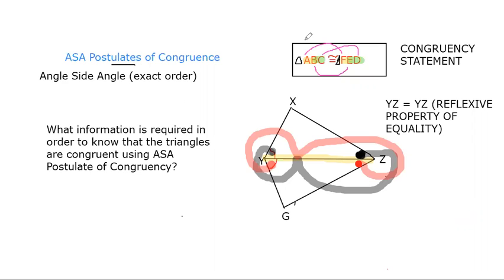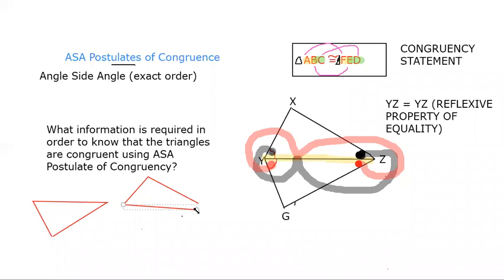Now, if I take those two triangles apart, it might be a little more clear. So I'm going to have triangle YZG, and I'm also going to have triangle XYZ.